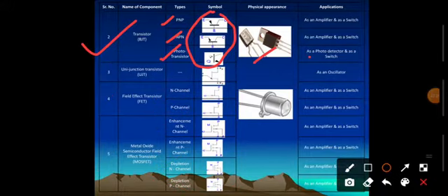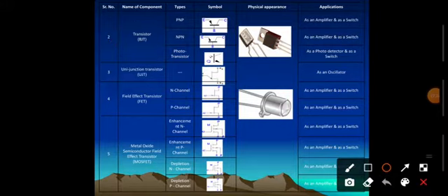If you see the applications of all these transistors, you will see that they are used as an amplifier and as a switch. This is the common application for all types of transistors: BJT, FET and MOSFET, switch and amplifier. As far as UJT is concerned, it is used as an oscillator.